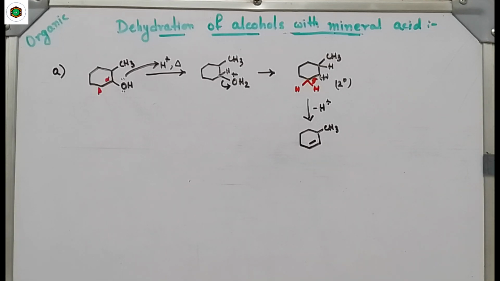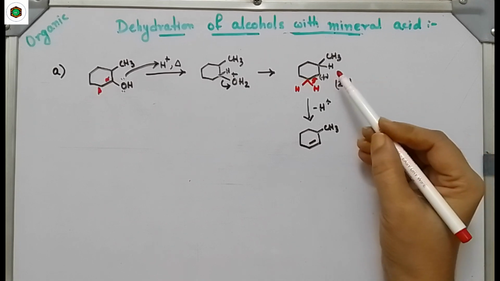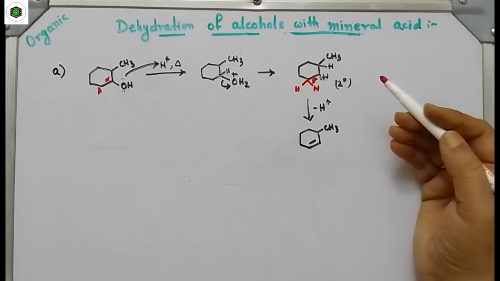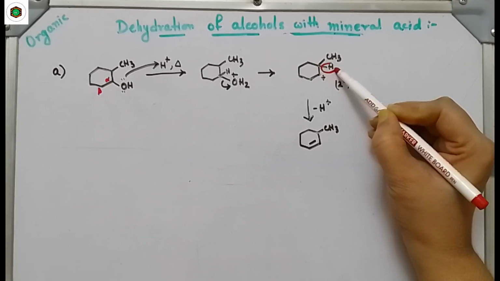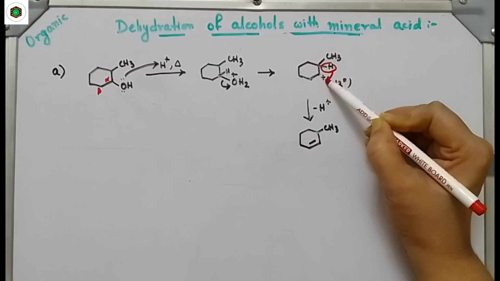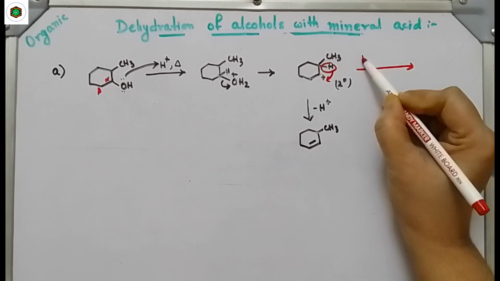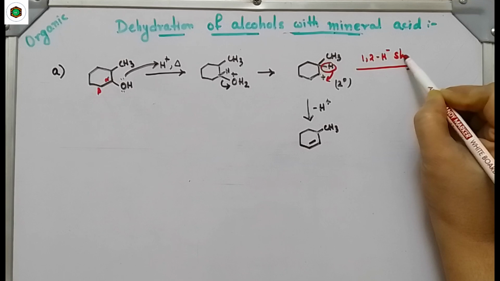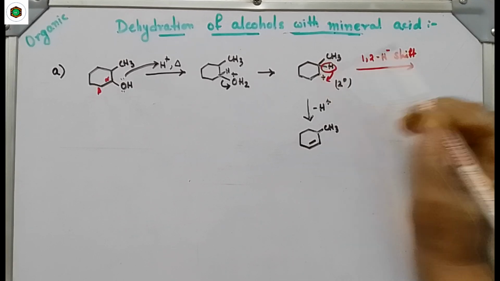Now see, since it is carbocation, what can happen here? Rearrangement of carbocation can take place to form more stable carbocation. So this hydrogen with its bonding electrons can migrate from here to this positive center, and due to 1,2-hydride shift, H minus will come here.